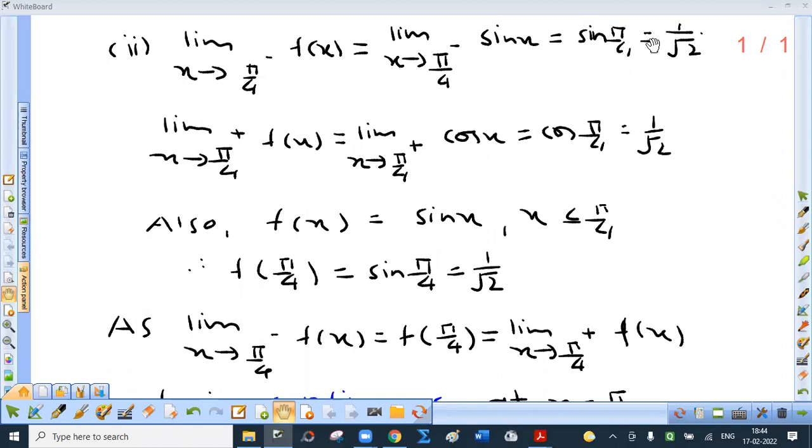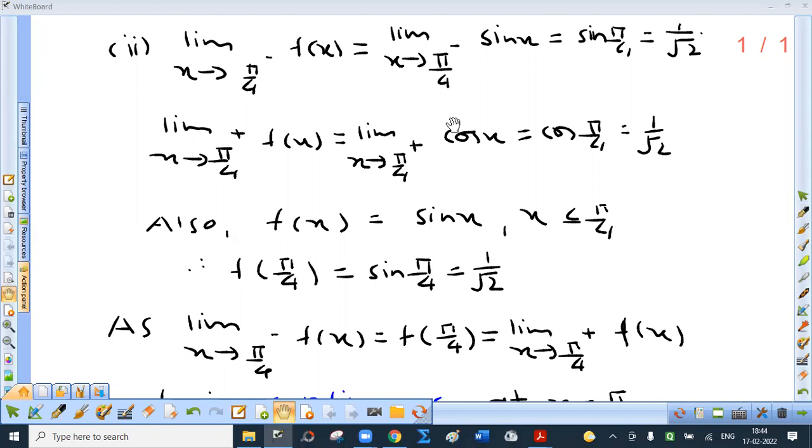Second, f of x is sin x for x less than or equal to pi by 4, equal to cos x for x greater than pi by 4, at x equal to pi by 4. What does this mean? This means you have to examine continuity at which point? Pi by 4. You may also ask, can we discuss continuity at x equal to pi by 2? Yes, we can. But you will notice that here the domain is temporarily broken at pi by 4. Means what?